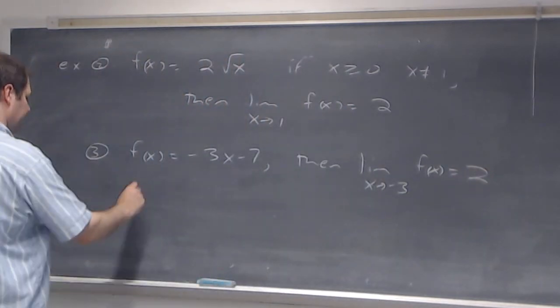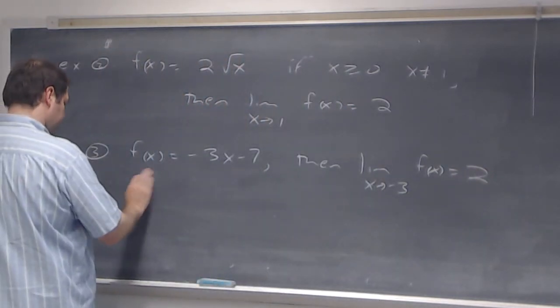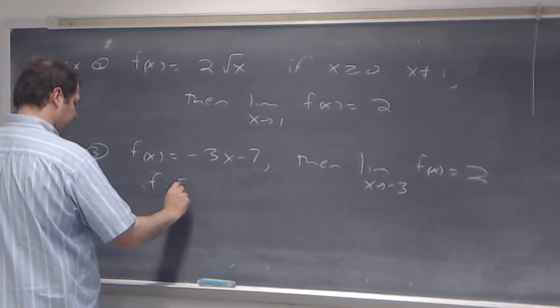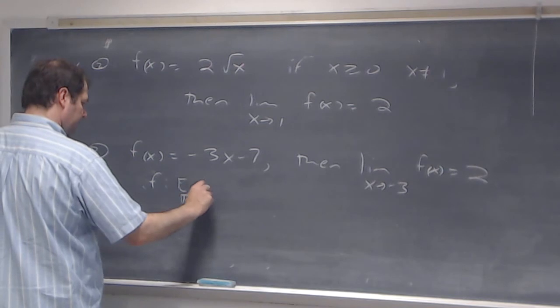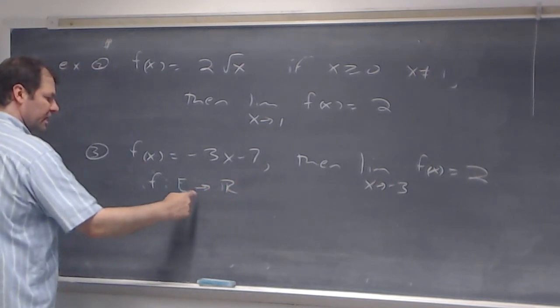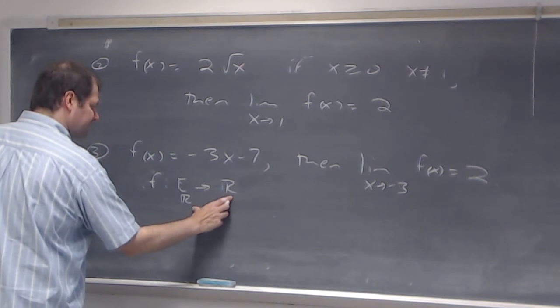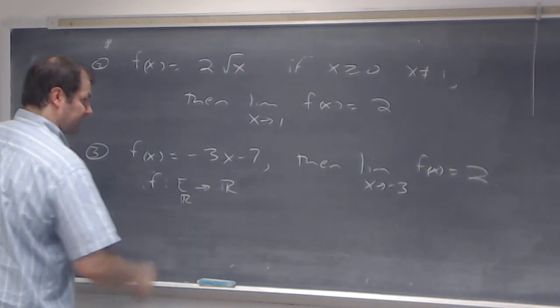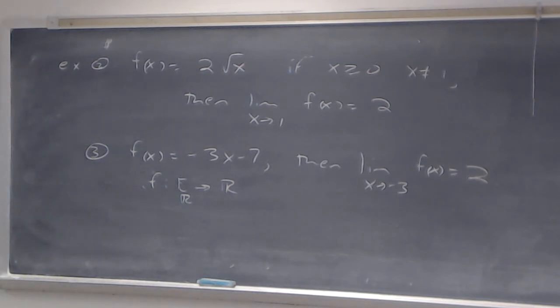And here we're thinking that f maps R, the real numbers, into R, the real numbers, and in those spaces R we're going to have the usual metric, okay? That is the absolute value of x minus y.